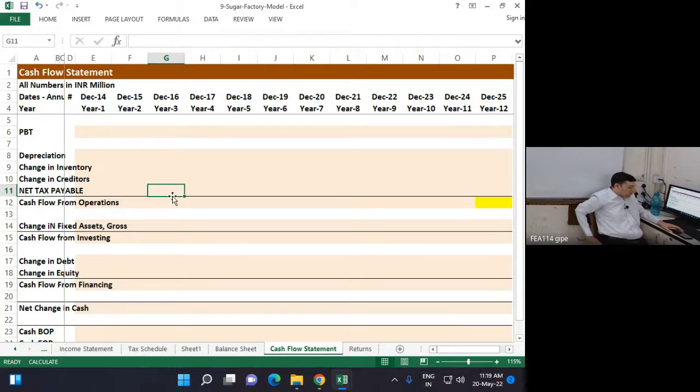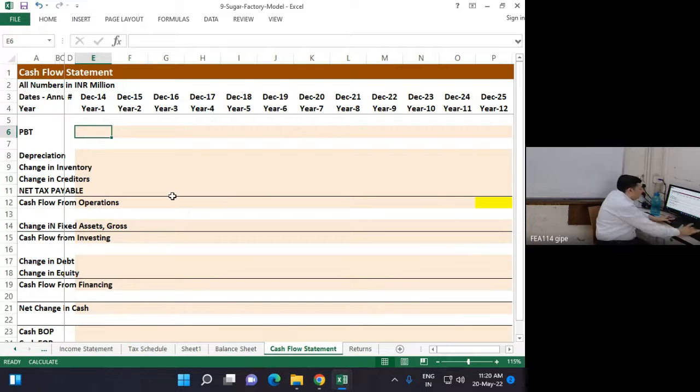Either you can take tax schedule or you can also get it from the income statement. CFO for last year is, okay, let's see the number.